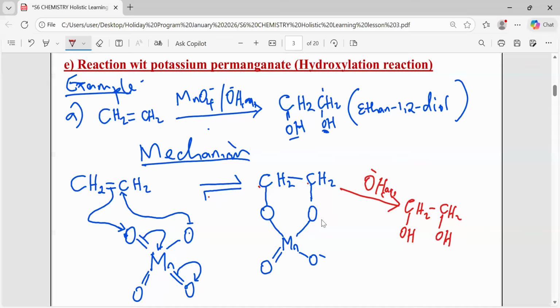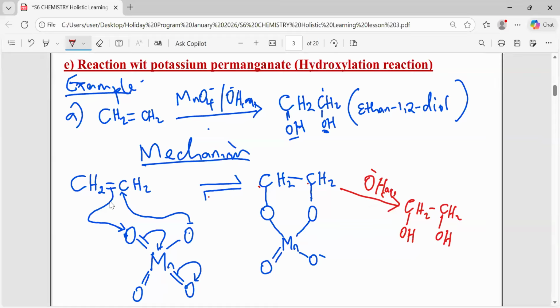So here we are adding hydroxide ions, and these hydroxide ions are the ones which are going to come and replace. So there is oxidation taking place. Only that we are not going to show this other complex mechanism in between, because we don't normally do it here at A level.